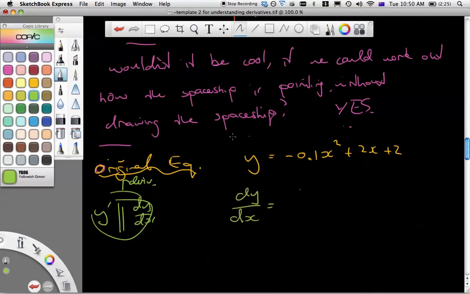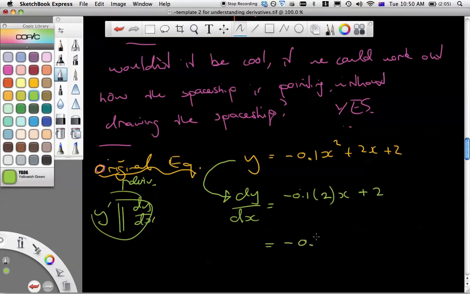For this original equation, the derivative becomes: we bring the 2 down to the front, and we have negative 0.1 times 2 times x, plus, and we drop the power of x. Again, the scope of this lesson isn't covering how to do this exactly, but I'm just doing it here.